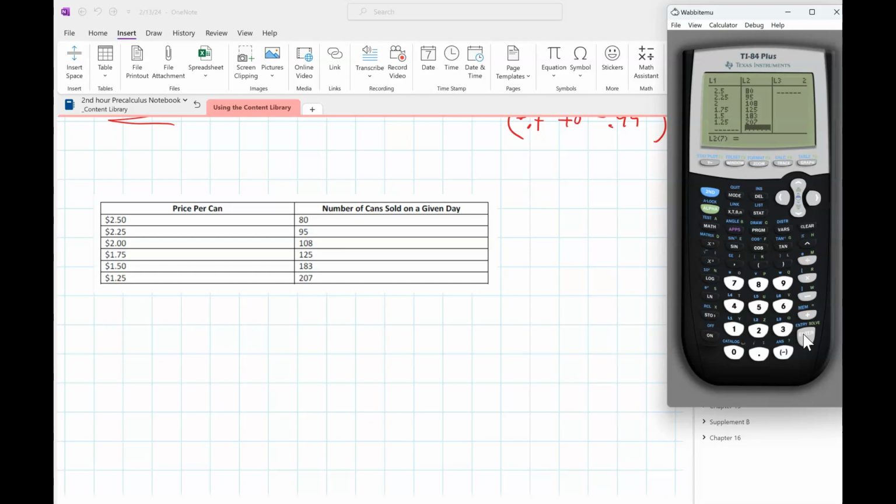So again, I just typed the data into my calculator into L1 and then into L2.